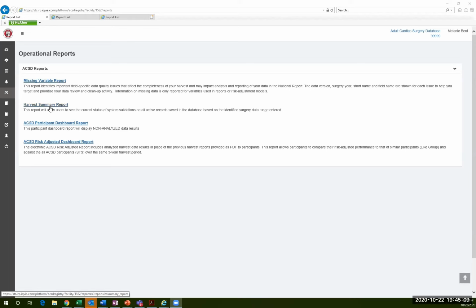Another report that's available is called the Harvest Summary Report. This gives them an overview of any outstanding errors or warnings that exist on any record in the database at the moment. They're able to review that by entering a surgery date range and see what outstanding errors or warnings need to be addressed so they can have that holistic view.